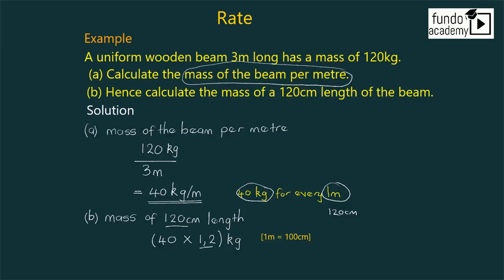So we are multiplying the rate, that is 40 kilograms for every 1 meter, by 1.2, the length of the beam, in order for us to get the mass of a 120 centimeter length of the beam. So in our case what we get is 48, and that's 48 kilograms, and that's the solution to part B. I also hope you got that one correct.